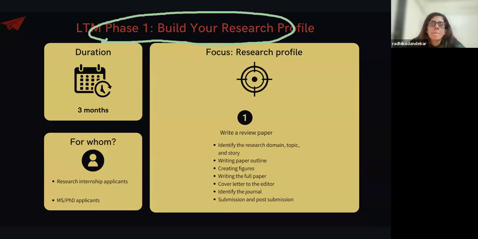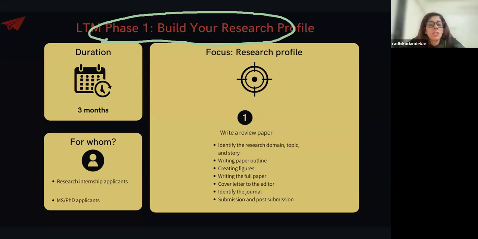By the end of the first or second week of September, you will be ready with your research paper if you start now. If you are late by a month or so, you might not have the time to work on your research paper as well as your SOP and your resume, and all the documentation part.